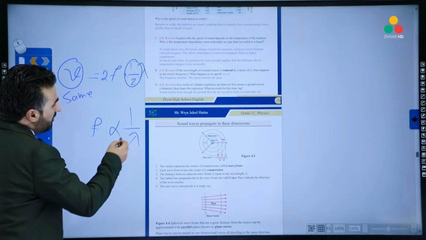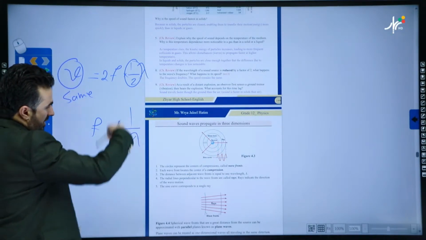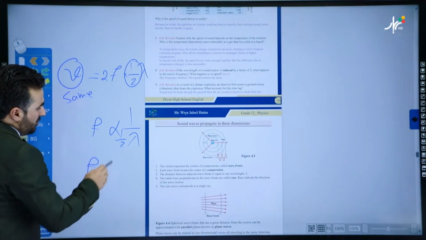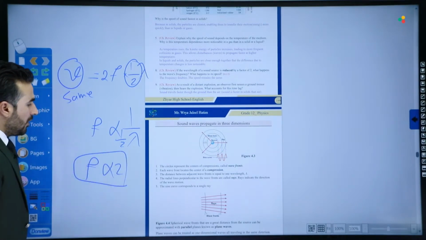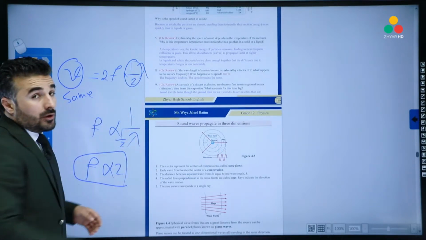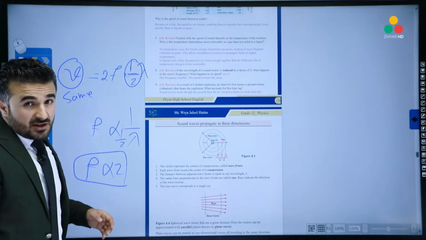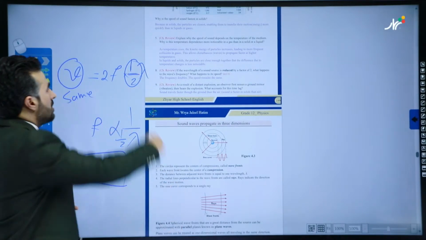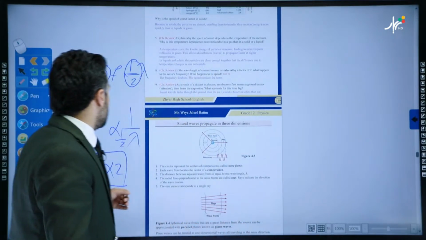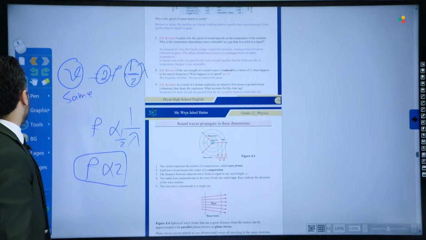So if the wavelength decreases by a factor of 1/2, then if you take the reciprocal, the frequency will be increased by a factor of 2. If the wavelength becomes half, then the frequency must be doubled. What if it is the opposite way? What if the frequency becomes half? Then the wavelength will be doubled.